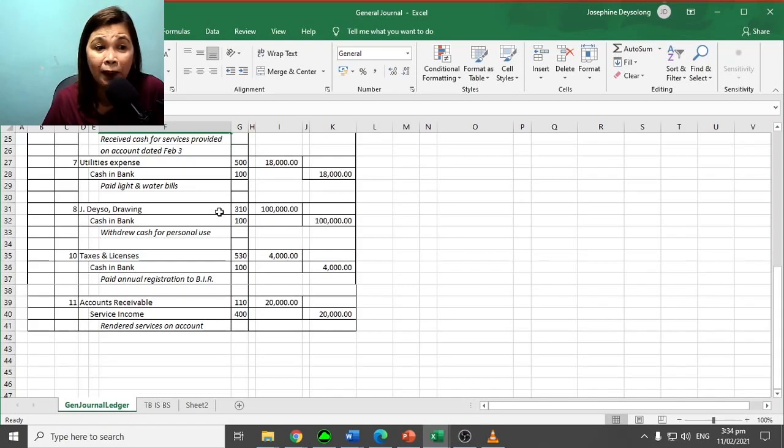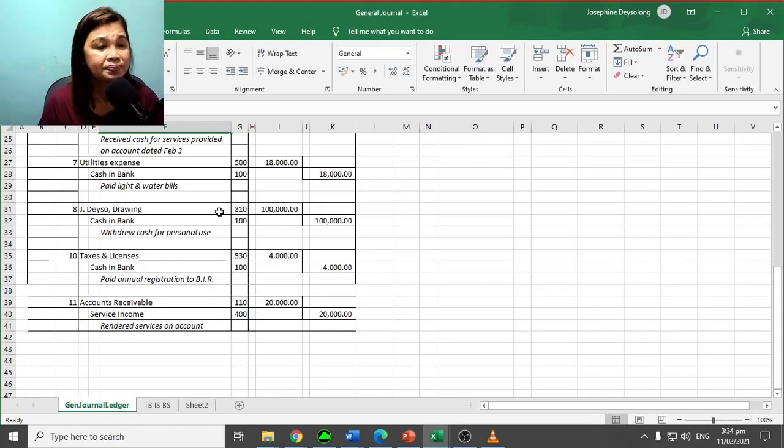I credit cash in bank because my cash in bank should be deducted from the balance. Originally, it was debit, right? So, my cash in bank here will be deducted because I withdrew it. I withdrew 100,000. So, because I withdrew 100,000, it is being credited to cash in bank, 100,000.